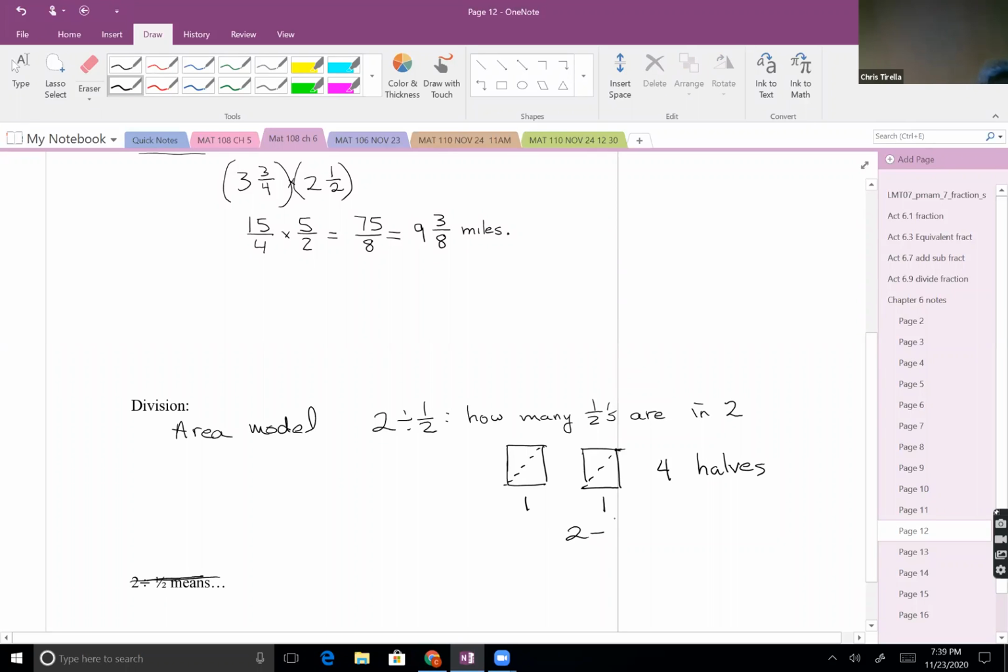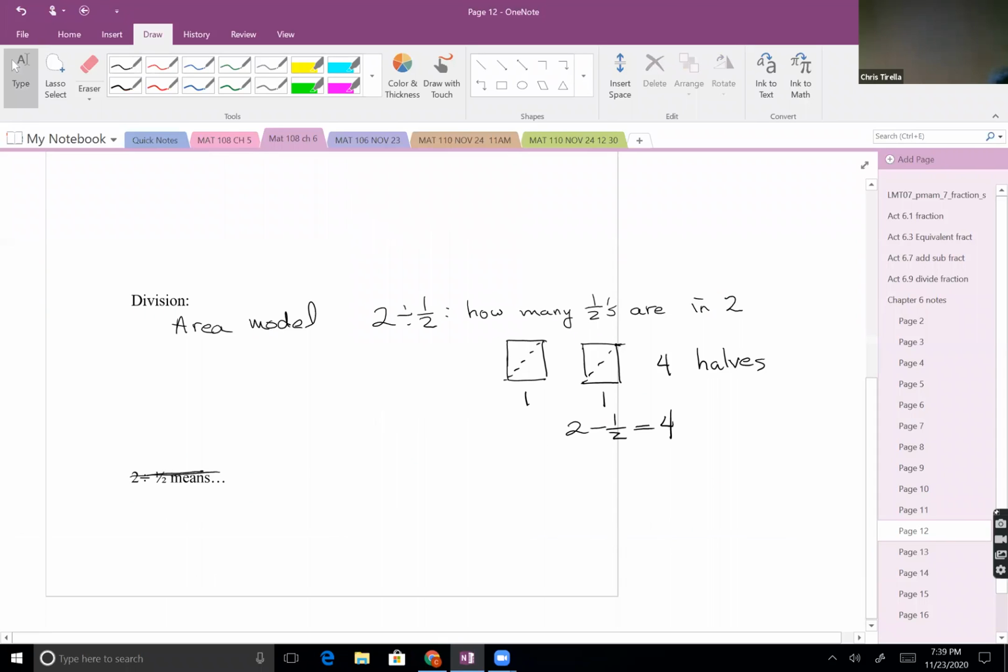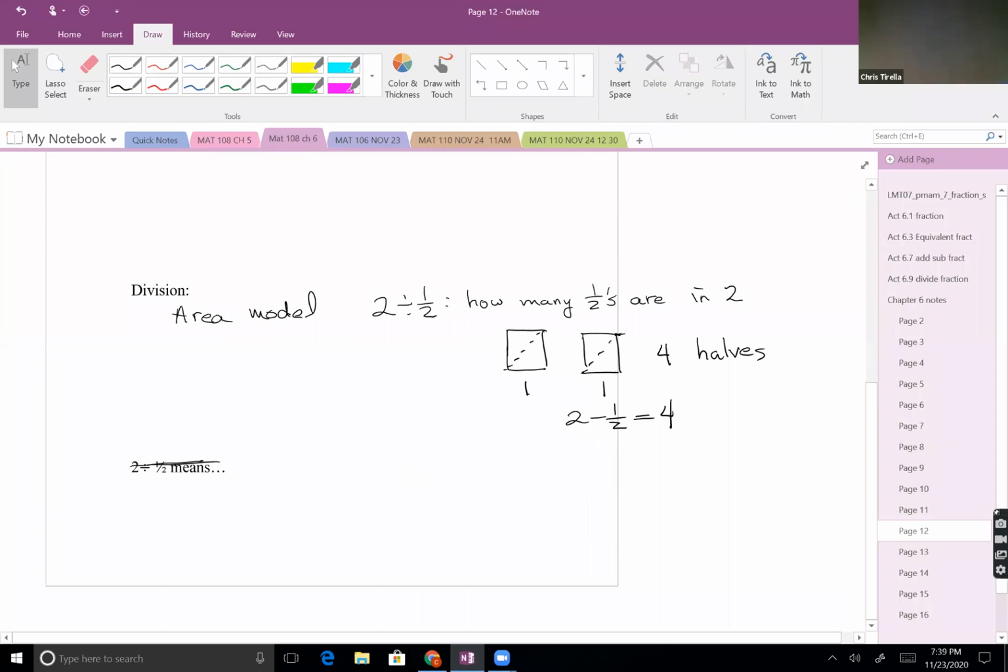And so 2 divided by a half would equal 4. And we looked at that a little bit in that activity for chapter 6, section 9.